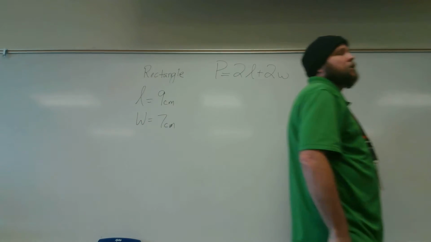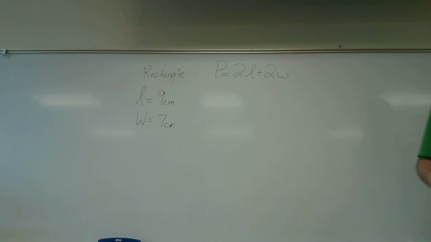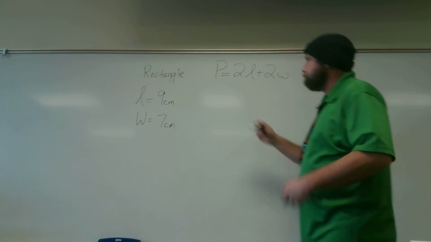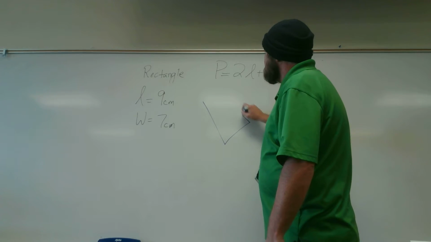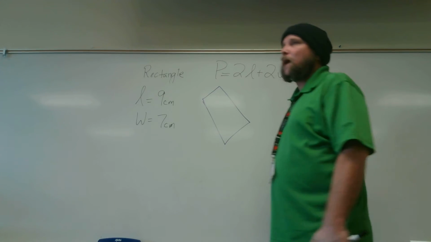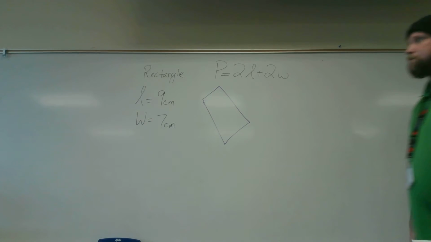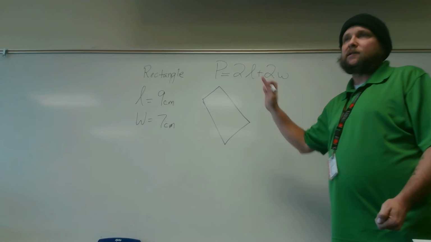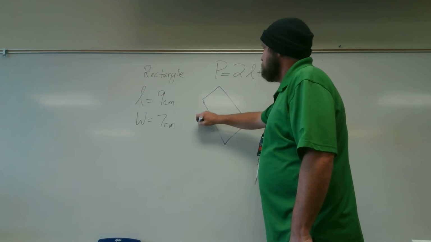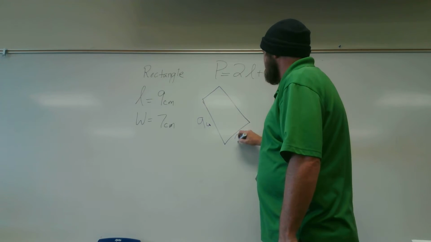So the first thing we're going to do is draw a picture. Some problems you may see, they'll put it all diagonal cattywampus so that you'll be confused. If I could draw correctly, it's still a rectangle. 9 centimeters, 7 centimeters.